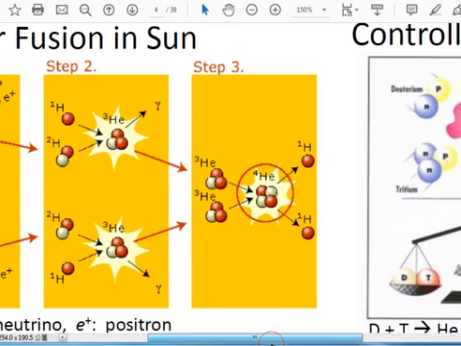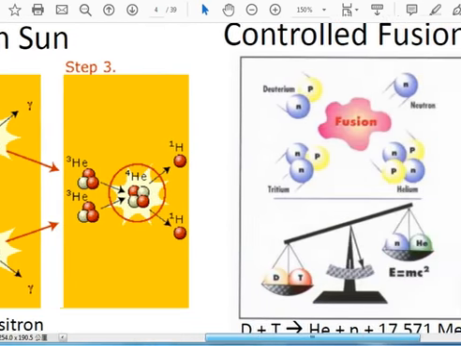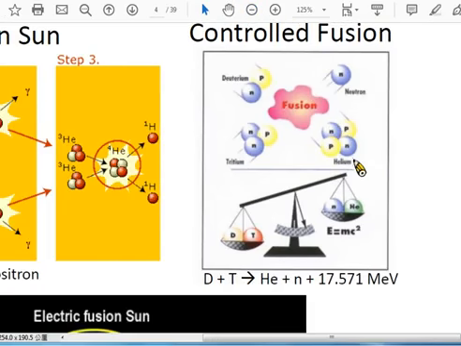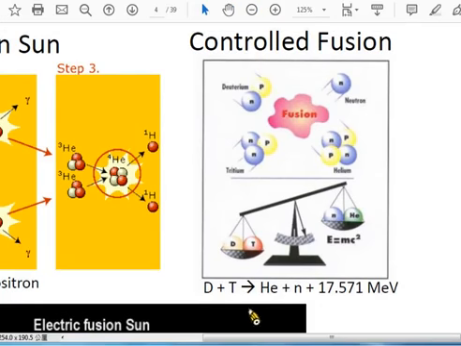All this fusion process will lose a small amount of mass, and for deuterium colliding with tritium to form helium and a neutron, the loss of mass will generate an energy of 17.571 mega eV. eV is electron volt, a unit of energy.